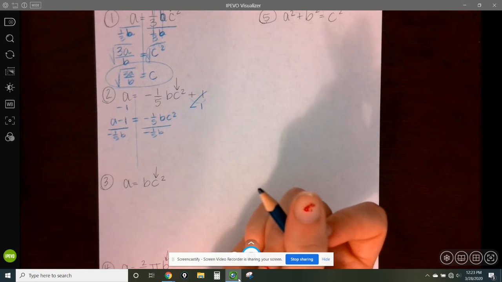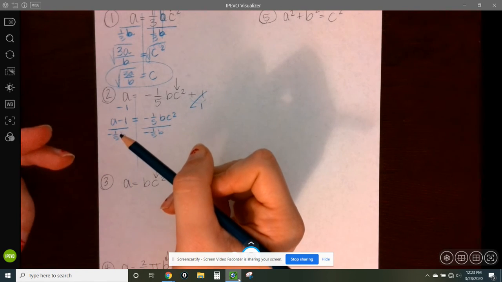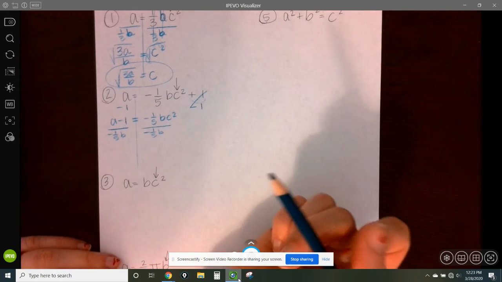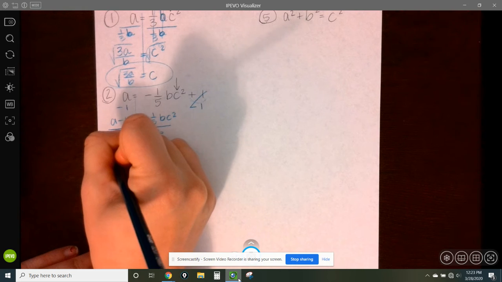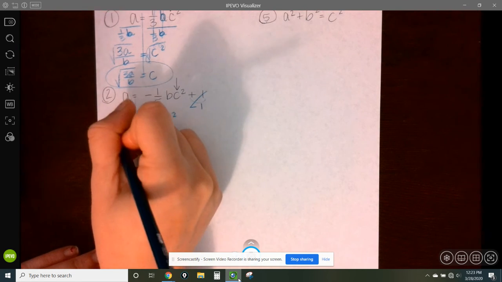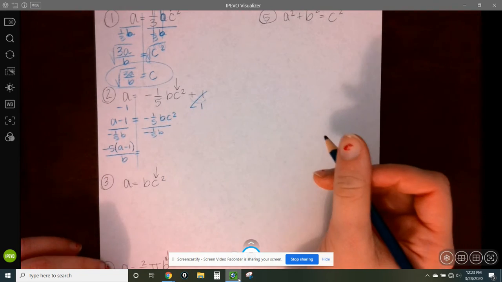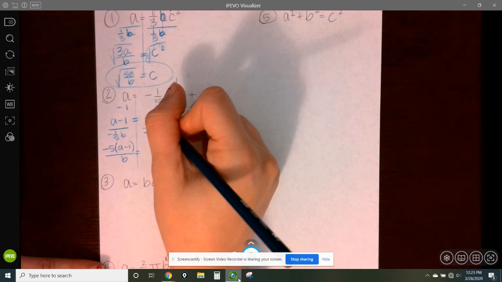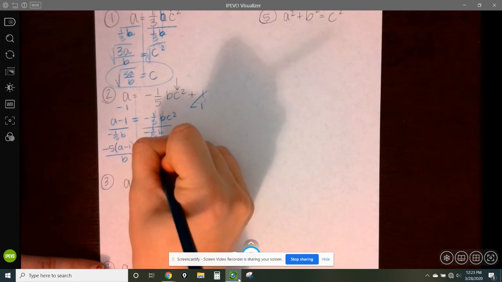Now, just like we talked about on problem number 1, when I'm dividing by a fraction, it's the same thing as multiplying by that reciprocal. So this is the same as multiplying by negative 5. On the top, I'm going to have negative 5 times a minus 1, and on the bottom, I have b. I know that's kind of tricky. Make sure you have these written down in your notes. On the right, I canceled out the negative 1/5 and the b, and I just have c squared.